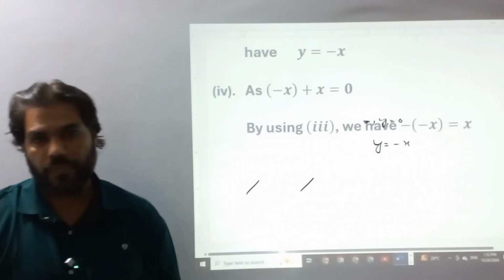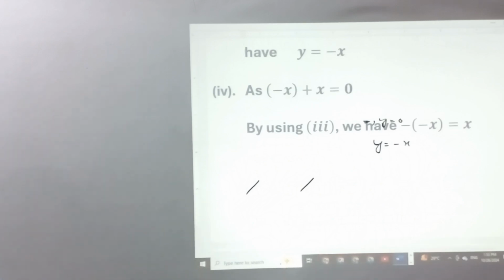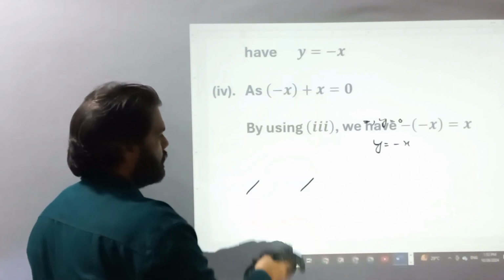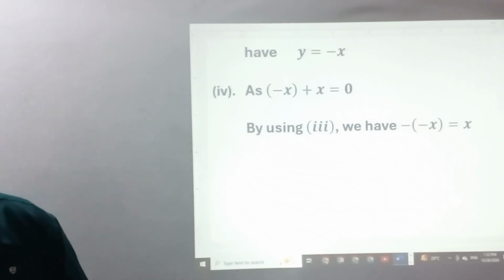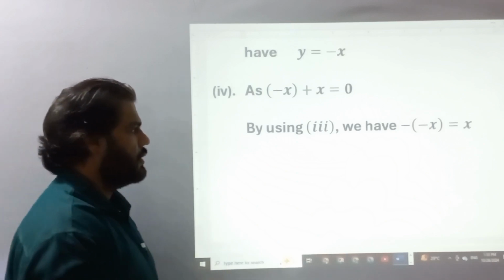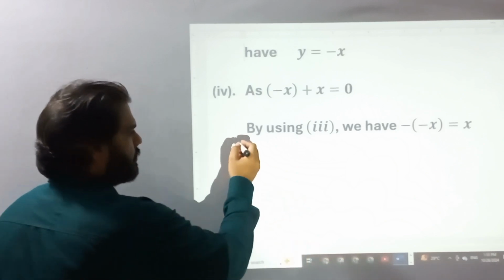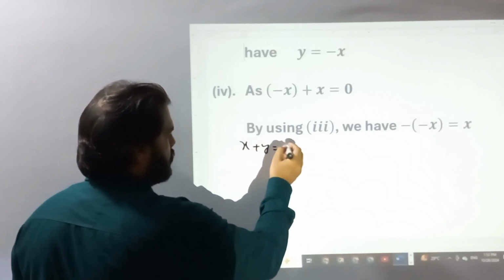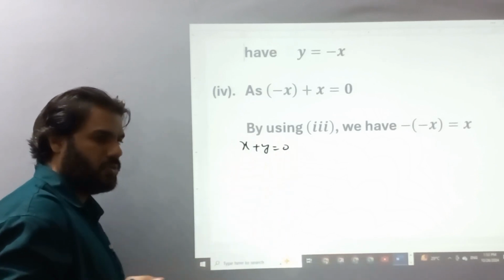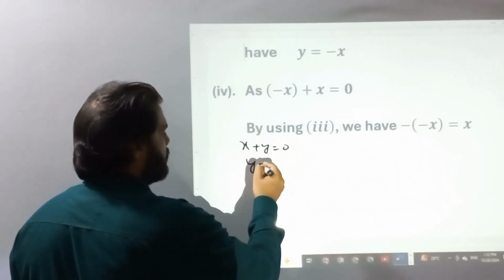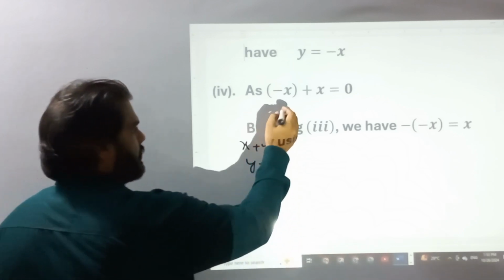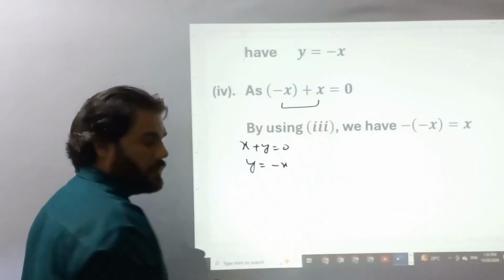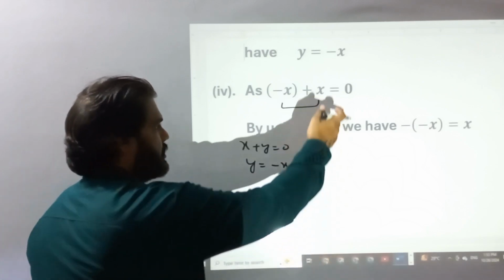Fourth property. In the fourth property, we have to show that negative x plus x is equal to 0. To prove this, we will use property number 3, which says that if x plus y equals 0, that is, the sum of two numbers is 0, then the second number is the negative of the first. You can see here, this is also a sum of two numbers and their sum is 0, it is given.